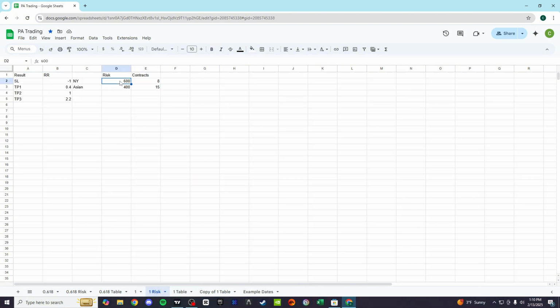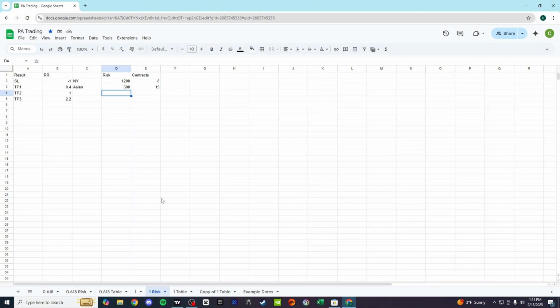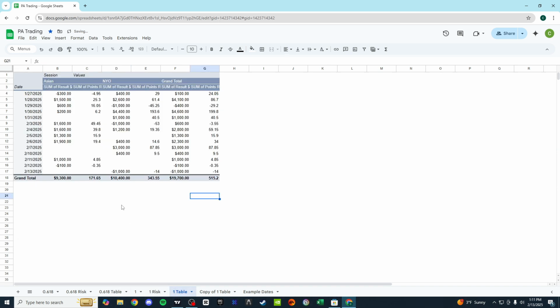But if you change these, if you wanted to go daily drawdown max 1200 and with 2 losses 600, these are now your numbers here, which is insane. But I think the most that I would go is 1500, which would give you these numbers, still pretty insane.